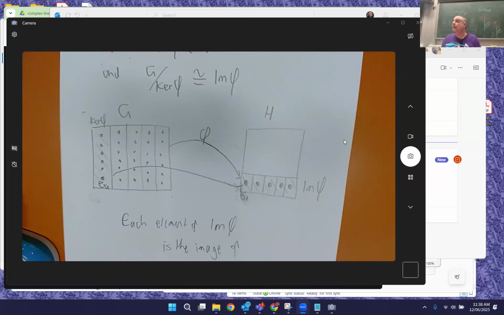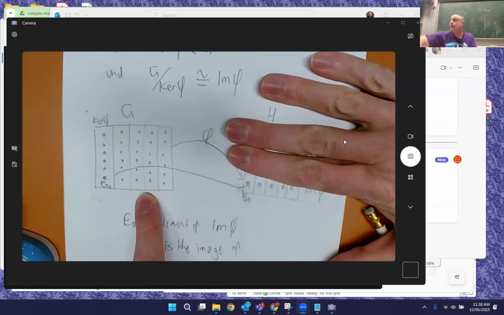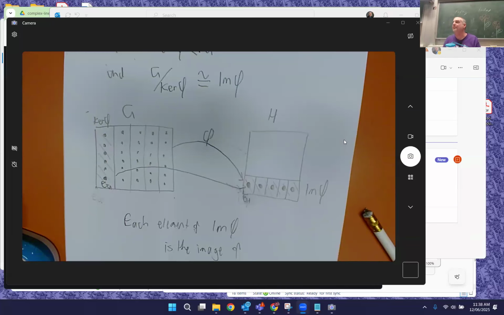No. You don't need H to be bigger than G, because it's totally possible for this to be a one-to-one thing, and H could be smaller than G. It's just that if H is smaller than G, then the homomorphism is simpler, like everything goes to the same place.